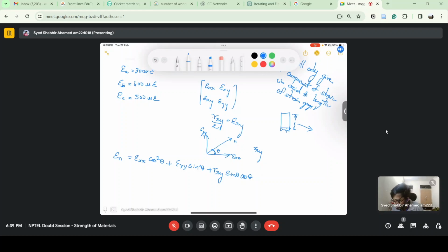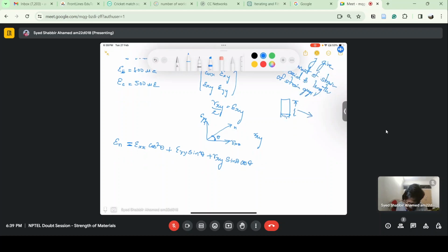Using this strain transformation law, we take the known strains in x, y, and shear strain gamma xy to get the strain along a normal direction making an angle theta with the x-axis.